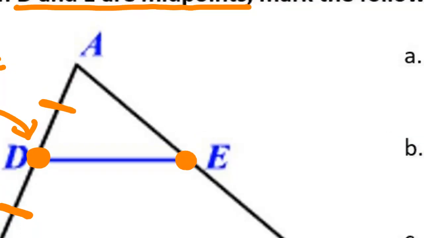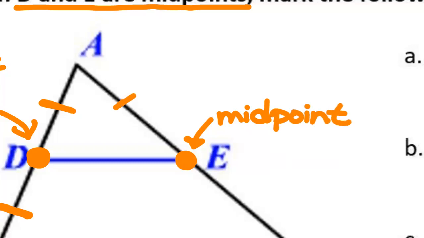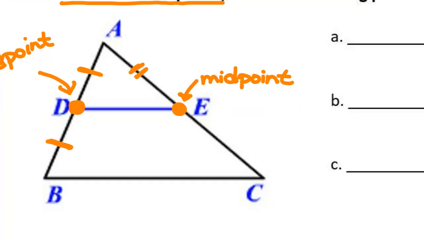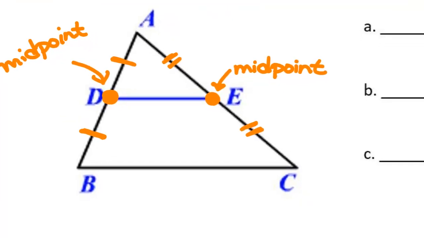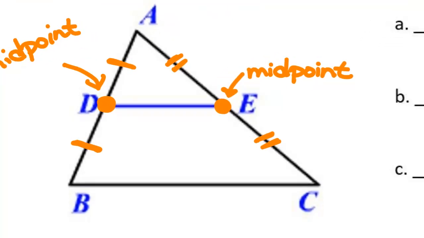E is also a midpoint. So AE and EC would have to be congruent, because again, the midpoint is cutting that side in half. Because D and E are both midpoints, this segment right here is the midsegment.